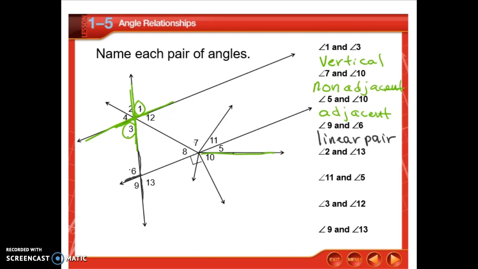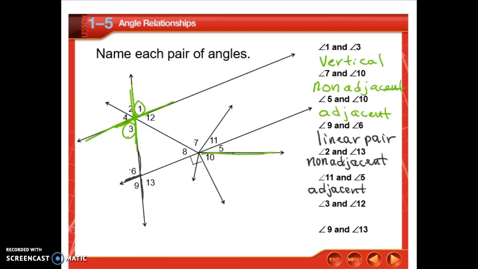Okay, angle 2 and angle 3. That's kind of a straight line on one side, but they're not adjacent to each other. So those are non-adjacent. 11 and 5 are adjacent. They're not any of the other special angles.